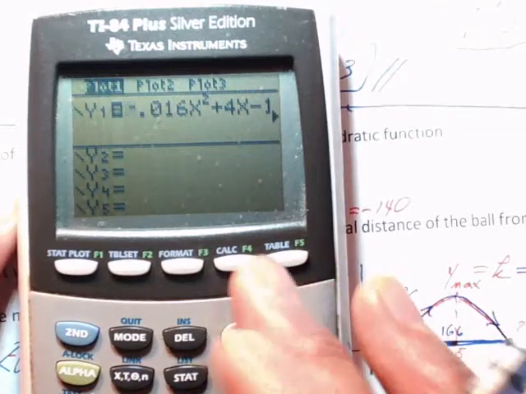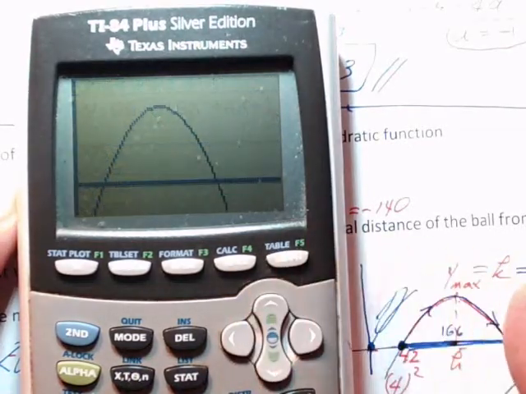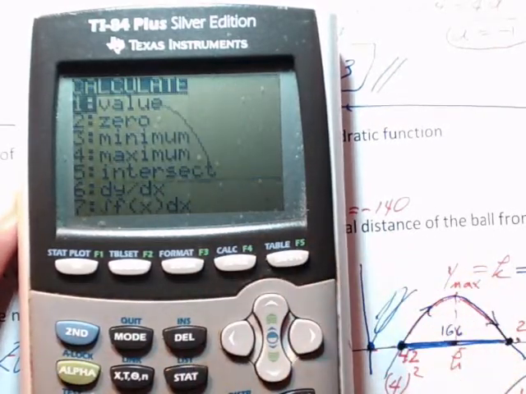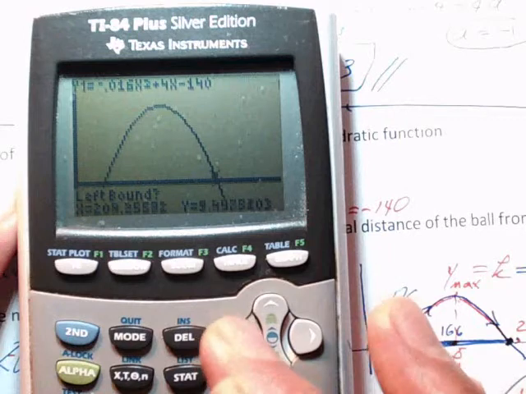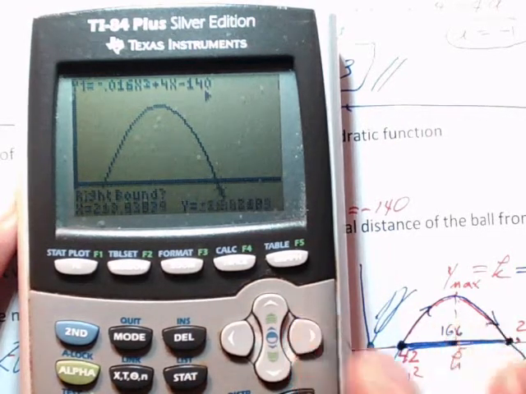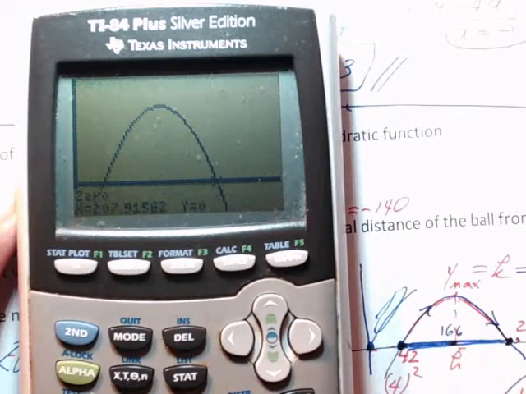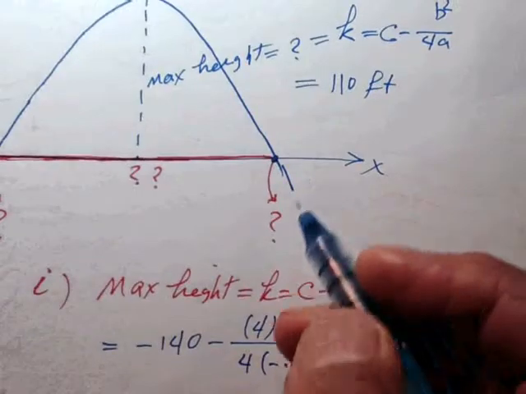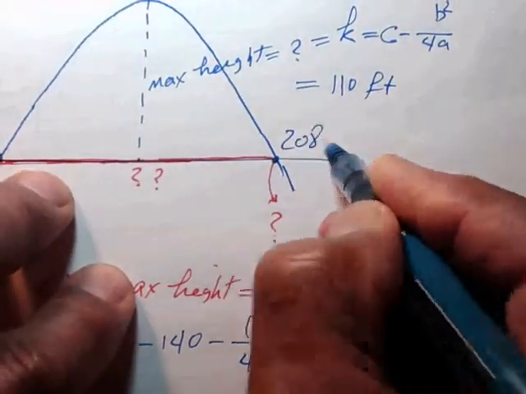So I'm going to find the x-intercept of the graph. I go to second trace, use number 2. Let's find this one first. Put the cursor on the left side, enter. Put it on the right side, enter, enter. You get about 208. So this point here is 208.